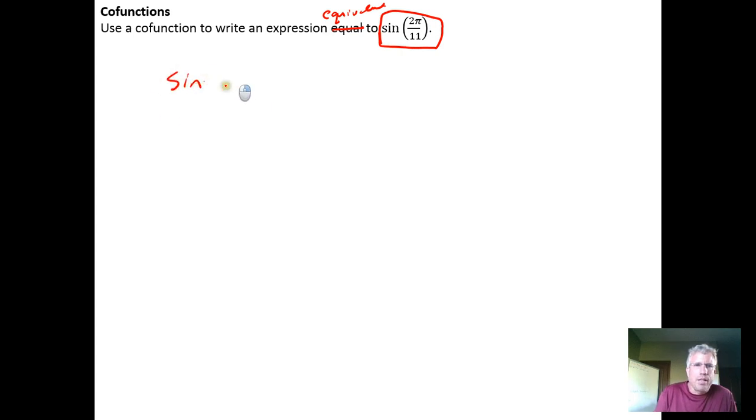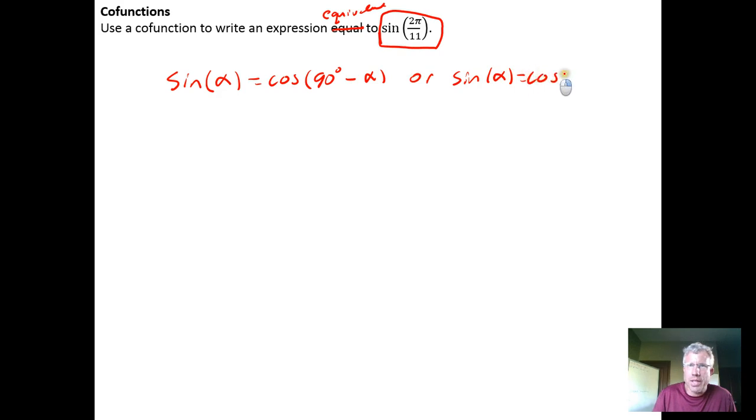So what we want to recognize is that the sine of any angle alpha is the same as the cosine of 90 degrees minus that alpha, or the sine of any angle alpha is equal to the cosine of, if you're in radian world, pi over 2, which is the same as a 90 degree angle, so pi over 2 minus alpha.